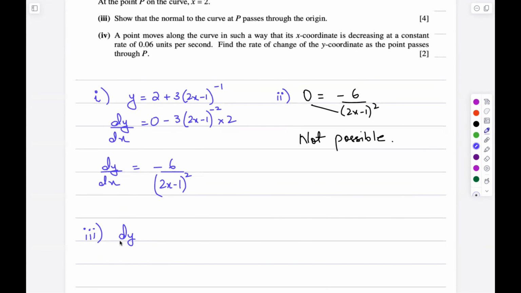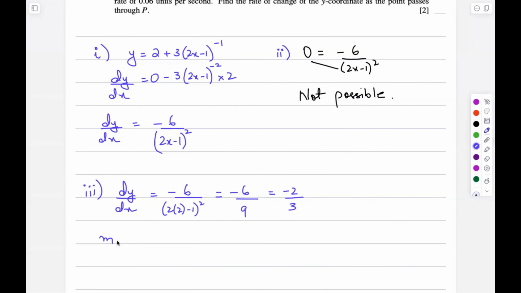So dy dx when x is equal to 2 will be minus 6 upon 2 into 2 minus 1 whole squared, which is minus 6 upon 3 squared, which is 9. So this will be equal to minus 2 upon 3. As dy dx gives us the gradient of the tangent, the gradient of the tangent is minus 2 upon 3, which means that the gradient of the normal will be positive 3 upon 2.